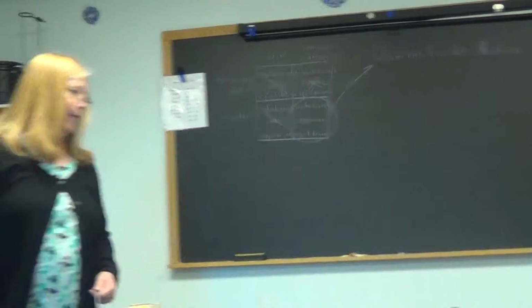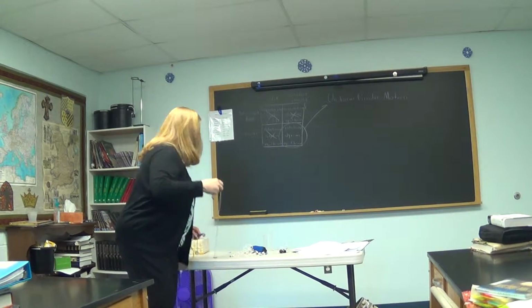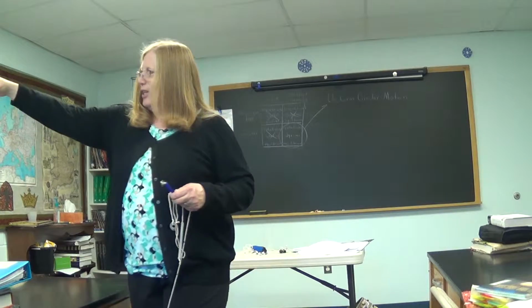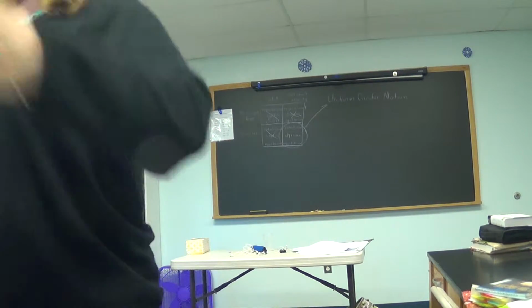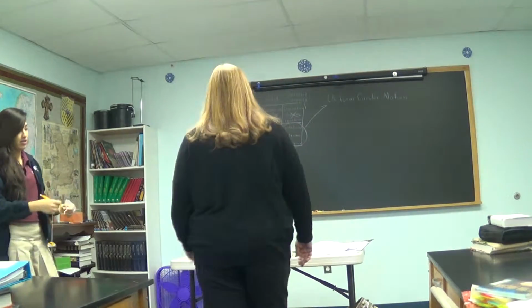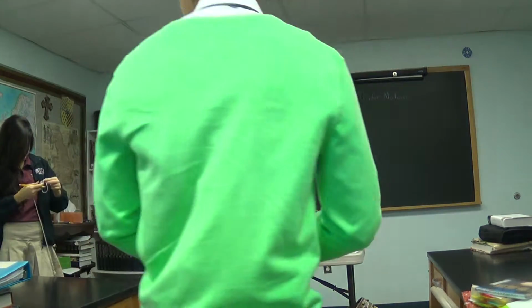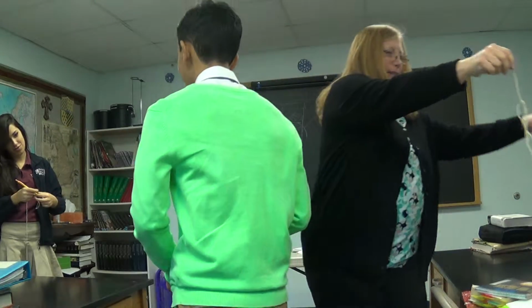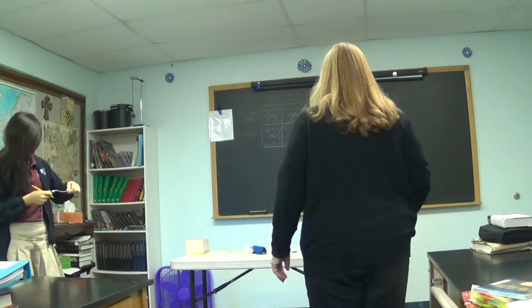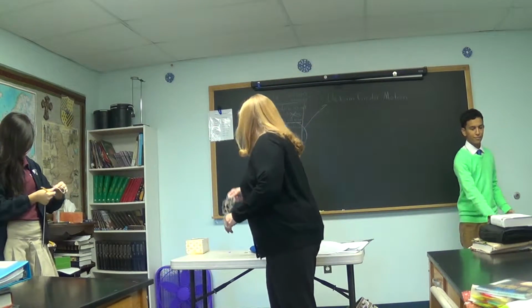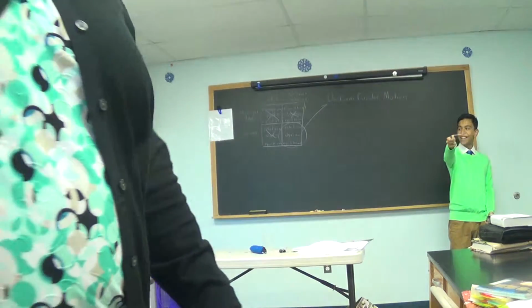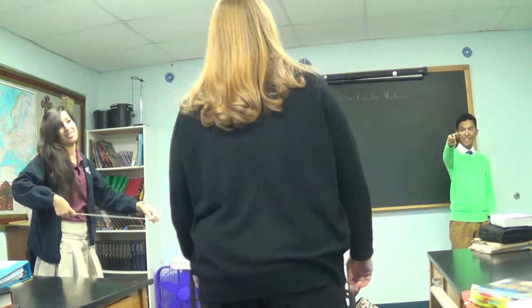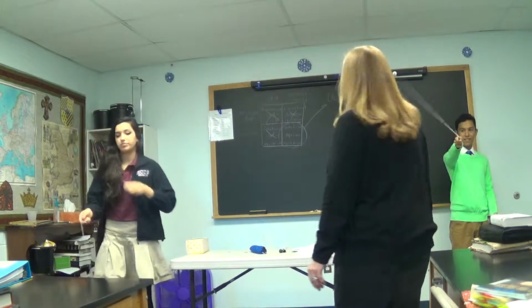Stand up, get far away from the other person. You can use either side. Alright, start creating uniform circular motion. You can change the length of that. Alright, I'm going to go in the middle.